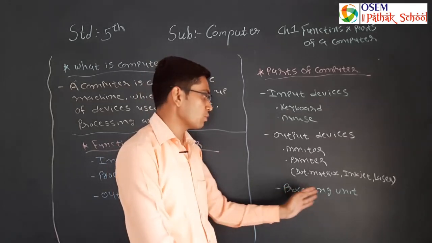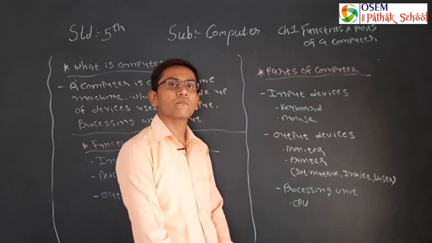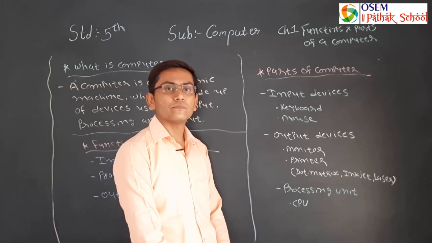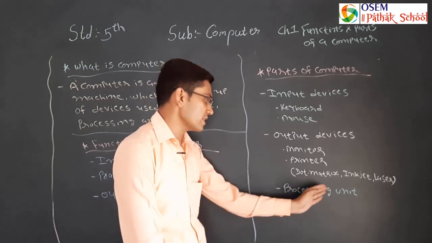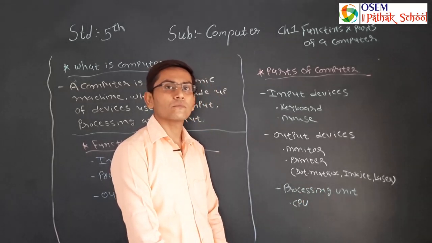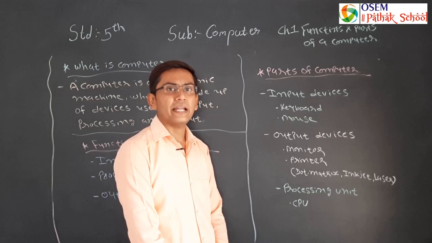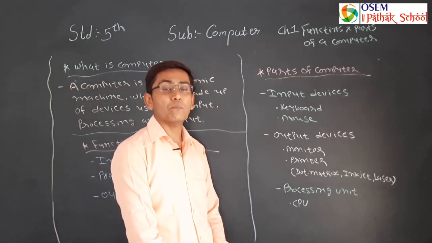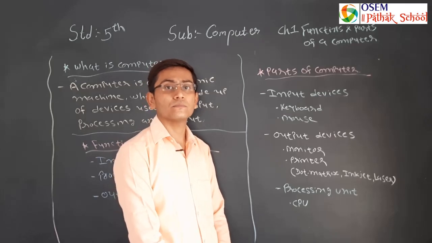Next part is processing unit. When we enter data into computer, it processes the data with the help of processing unit. It means CPU. CPU stands for Central Processing Unit. It is the most important part of computer.